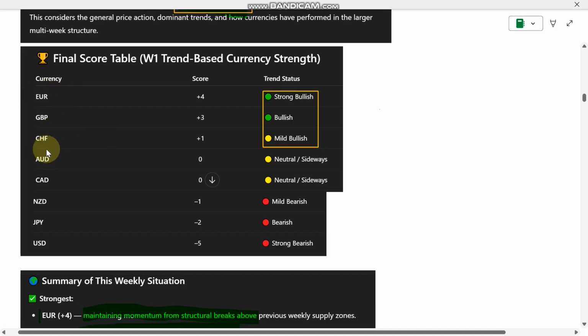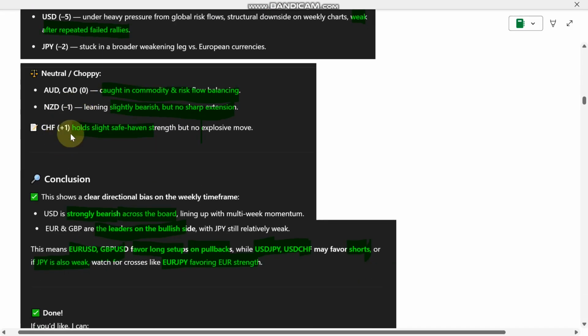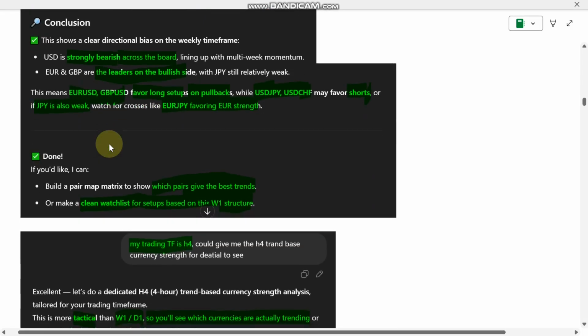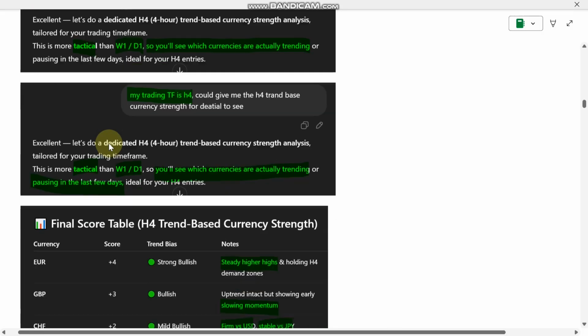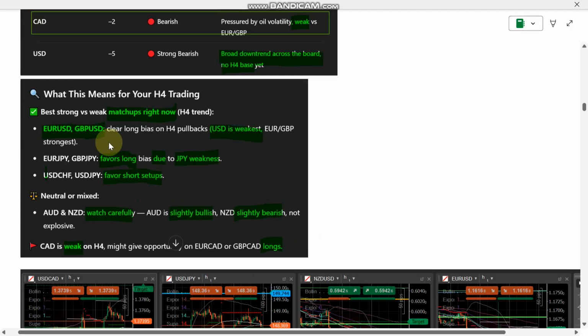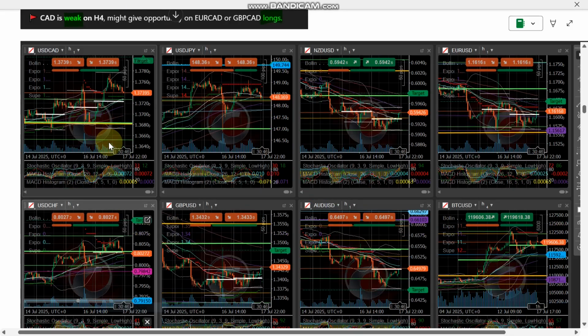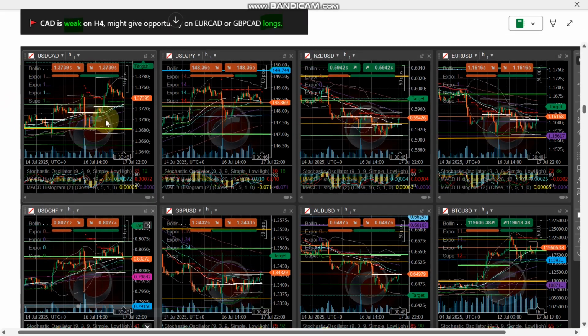Euro strong, GBP strong, Swiss franc strong, and which pair to pair together and go for a position order. So it takes time to check everything and put the lines on here.